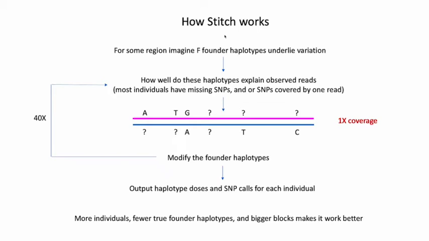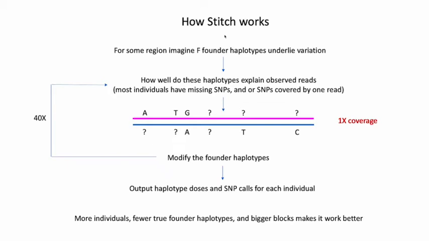And I'm going to cycle through that like 40 times until I've invented a set of haplotypes that best explain the diploid data amongst the N individuals. And once I have these haplotypes, every SNP is known, so I can output haplotype doses and SNP calls for each individual, right?